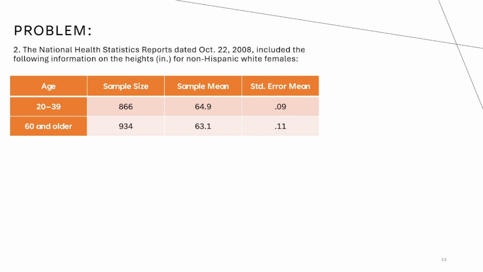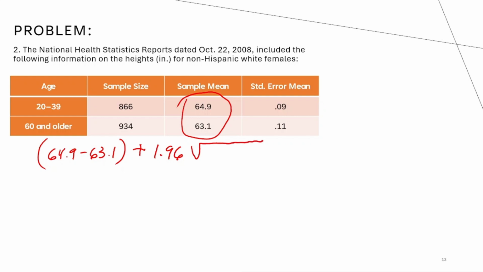We're working with the sample mean values there, so that's going to give us our point estimator. We got 64.9 minus 63.1, and then because this is a 95% confidence interval, our critical value of 1.96 is used, and then we're defining our standard error values here.